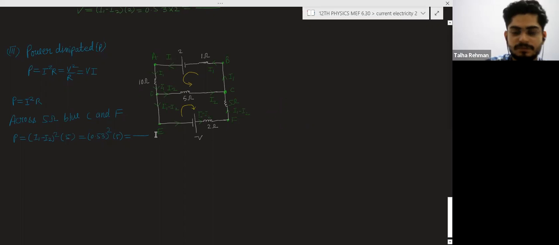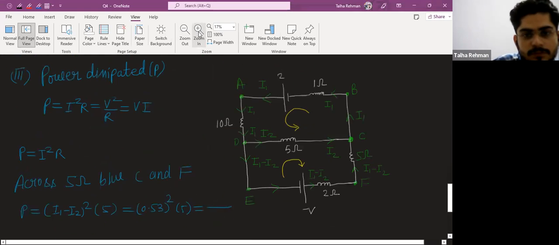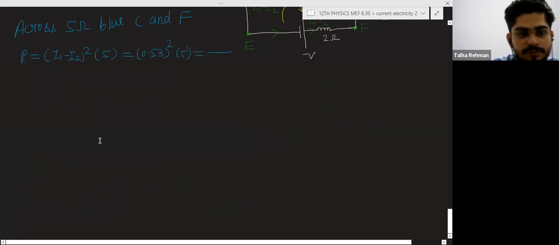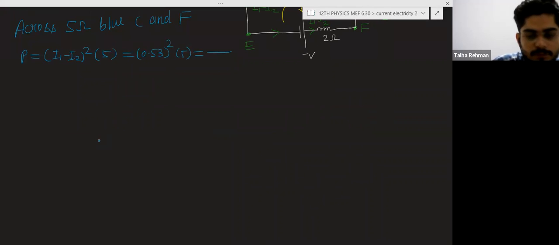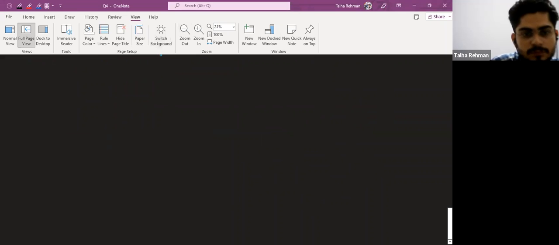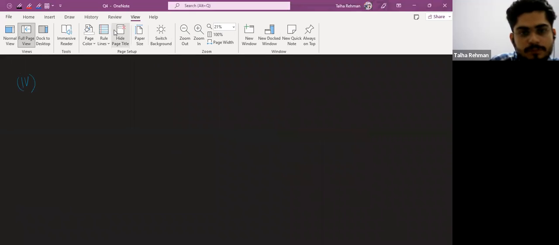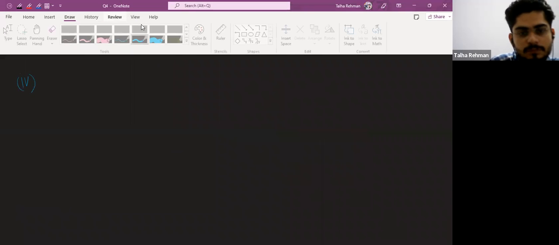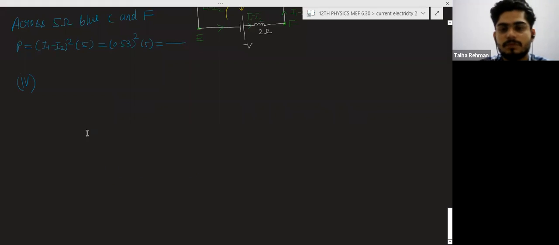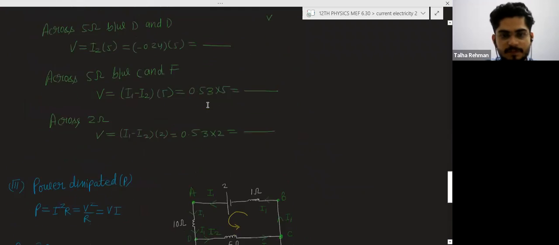So fourth part. I am discussing the fourth part now. In the fourth part, just see this circuit.